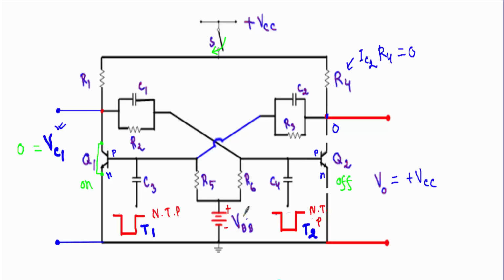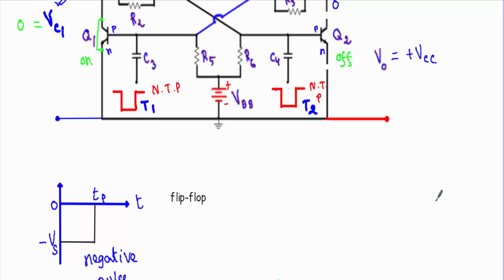Now let's say I am applying a negative triggering pulse. Negative triggering pulse means the pulse will have a voltage of minus Vs, and this negative voltage is obviously greater than this VBB.